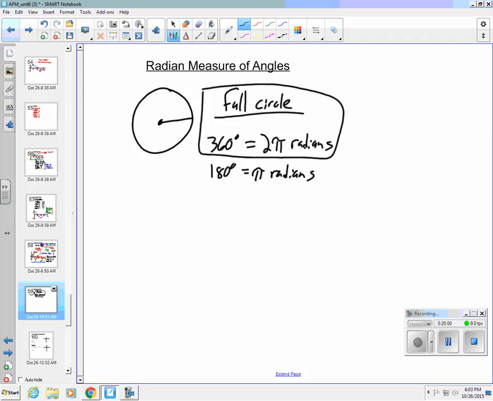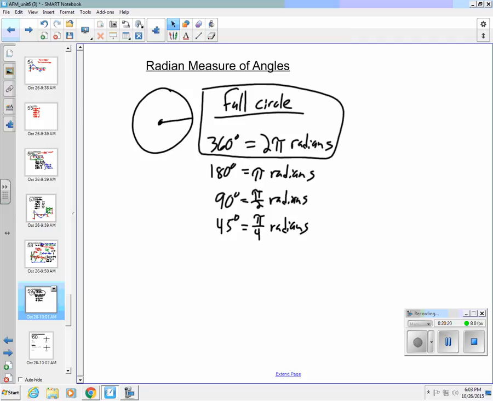And we can keep cutting in half. Half of 180 would be 90 degrees, which is pi over 2 radians. And we can keep going even there. Half of that would be 45 degrees, which is pi over 4 radians. And these are the most common angles you'll see used with radians: 45, 90, 180, 360, and then also our 30 and 60 degree angles.